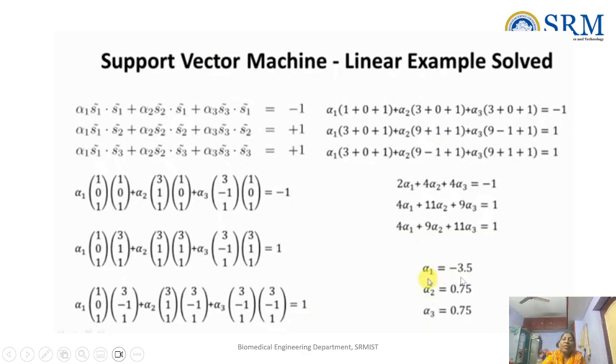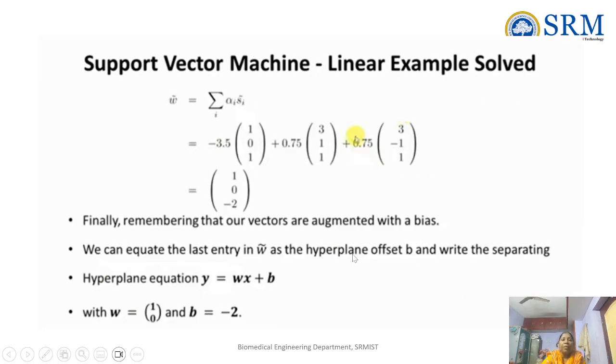After solving these equations, we get -3.5, 0.75 and 0.75. Then we substitute in the equation for the estimated weight, equal to summation of i, alpha i, S i bar. Alpha 1, alpha 2, alpha 3 values we know, and the S i bar is nothing but the support vectors S1, S2 and S3, which we have substituted.